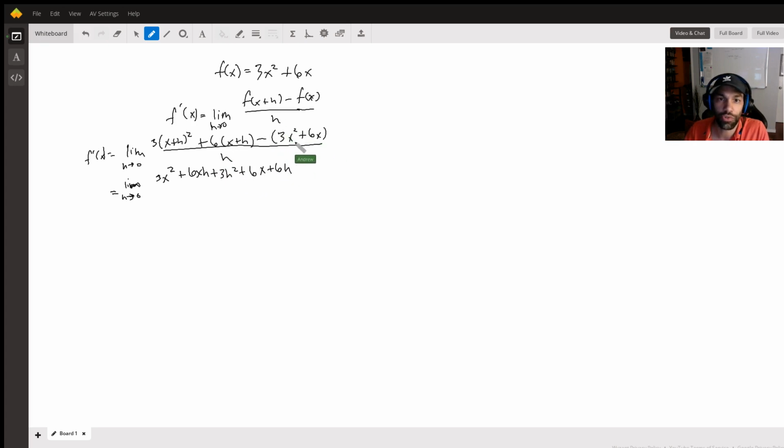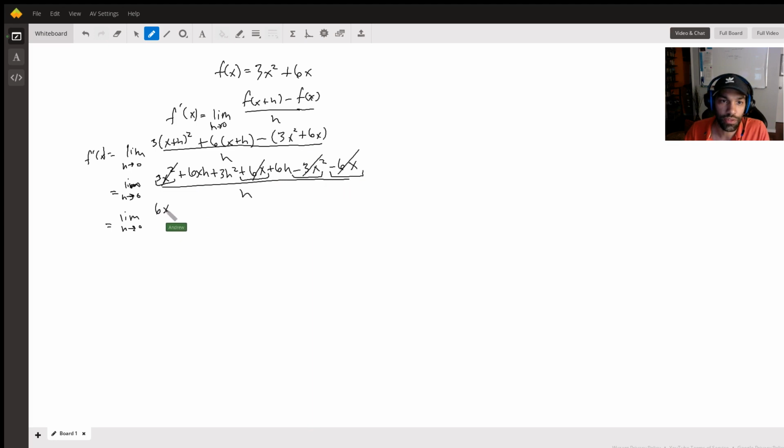Then we're going to subtract this: minus 3x squared minus 6x, all over h. Alrighty then, let's combine some like terms, limit as h goes to 0. We have 3x squared here and a negative 3x squared here, so those cancel. We have a plus 6x here and a minus 6x there. Those also cancel.